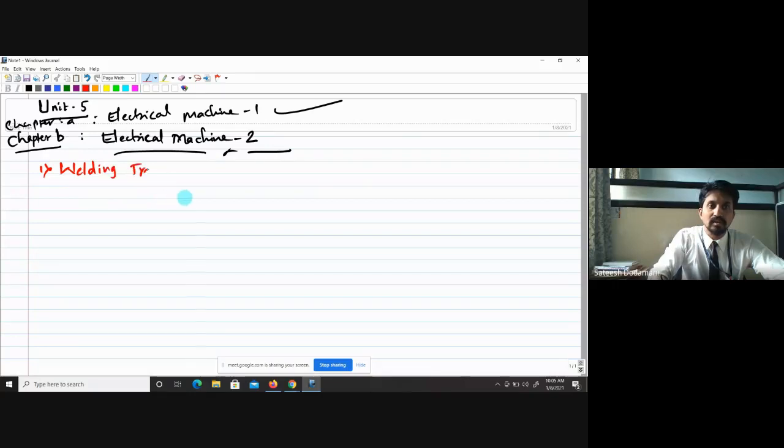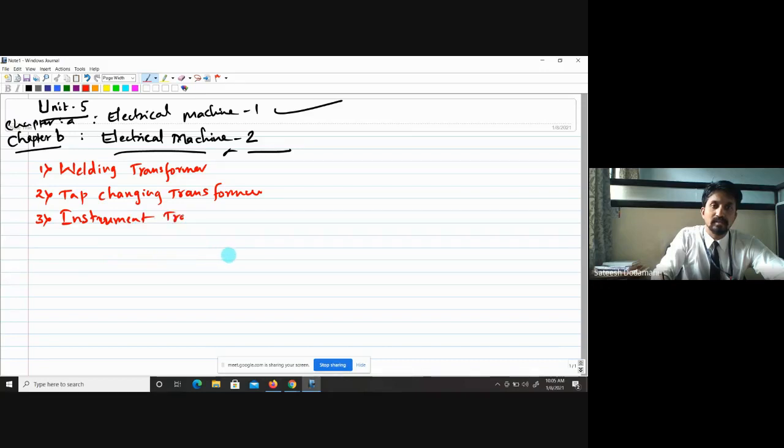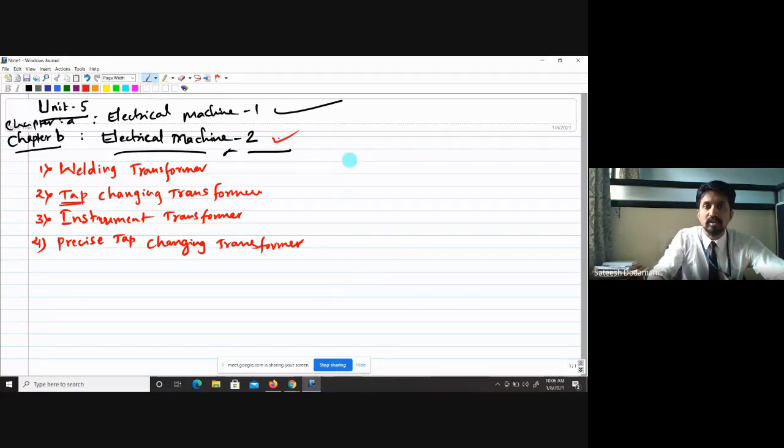First, welding transformer, second, tap changing transformer, third, instrument transformer, and fourth is again a tap changing transformer but of a different type, that is precise tap changing transformer. So these 4 machines are there in electrical machine 2.